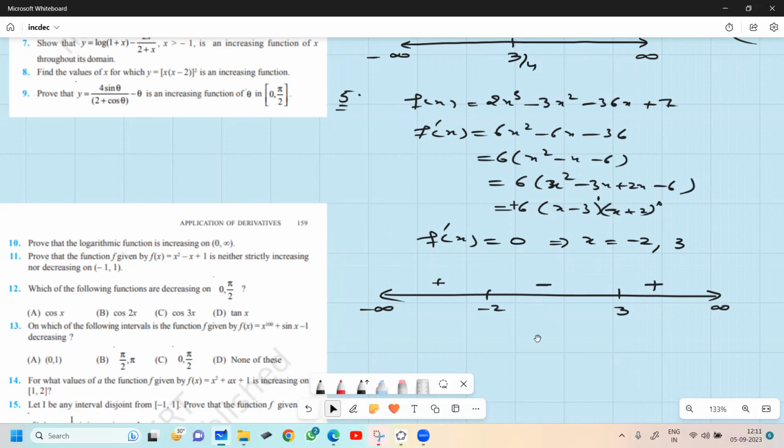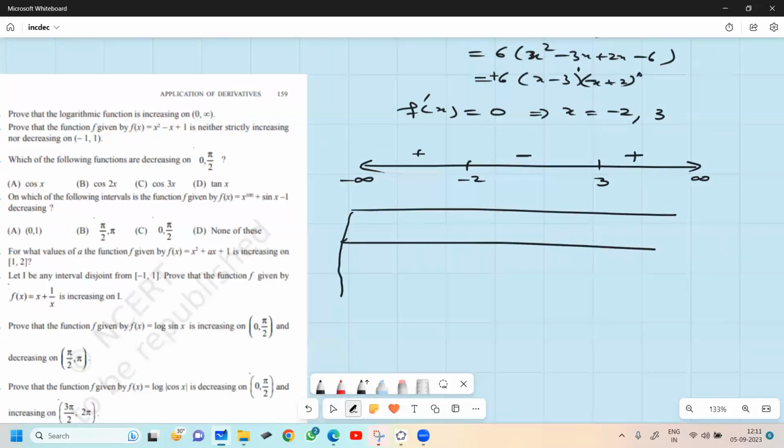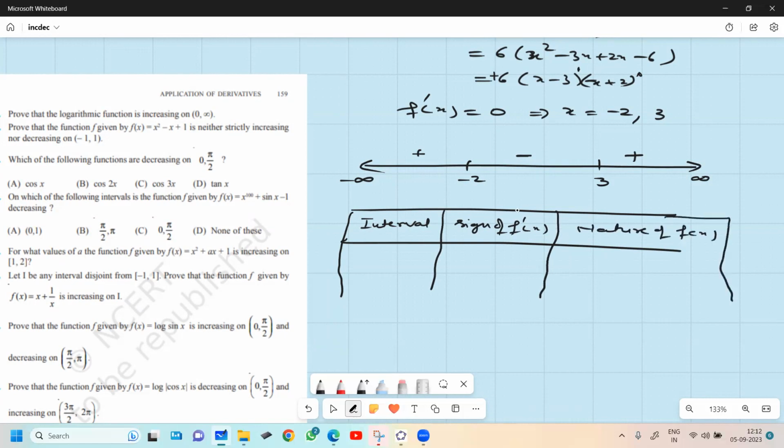Now remember, at the last you have to make a table to complete the question. Here first you will write interval, then sign of f dash x, then nature of f of x. This will be your final table. Without this, you will not get full marks.